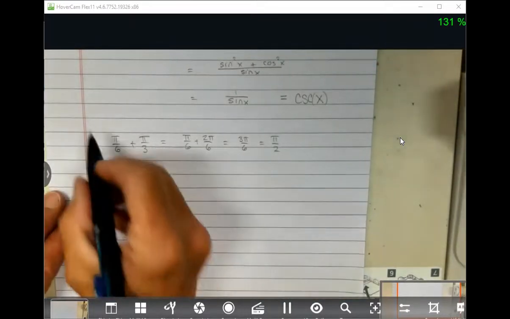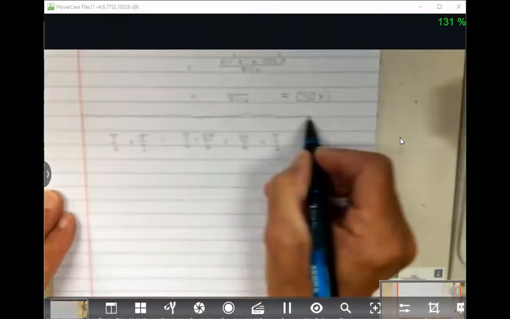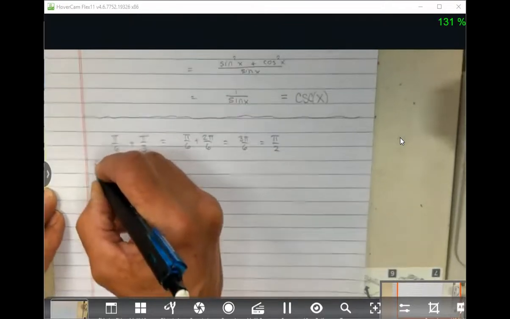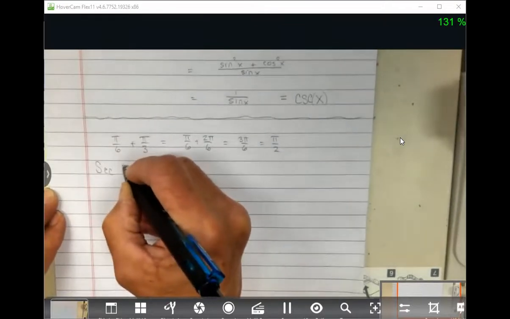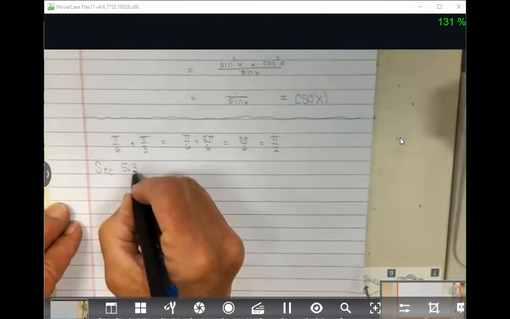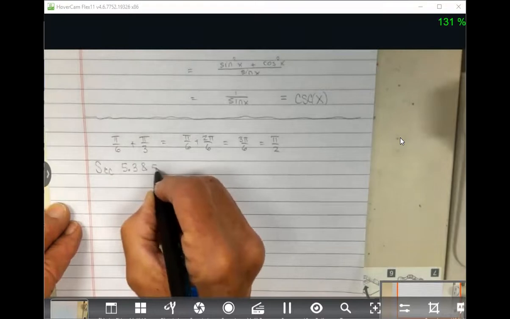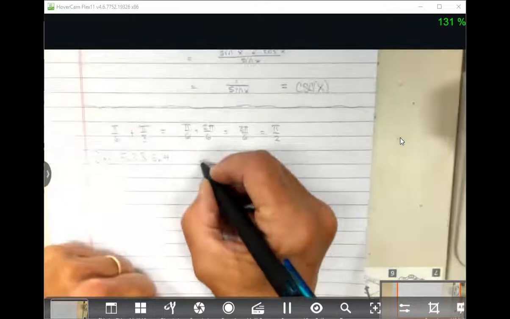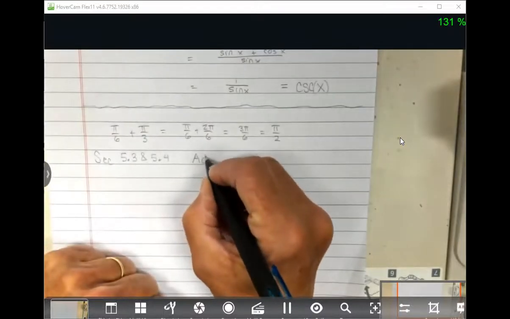All right, so I want to show you something called an addition formula for sines and cosines. So first, this is in, what chapter are we even in? 5? Sections 5.3 and 5.4, we're going to get addition formulas and subtraction formulas for our trig functions.